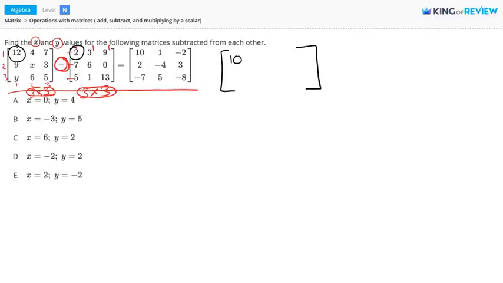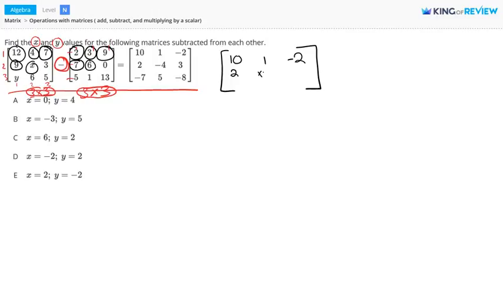Now let's look at the next entry. We have 4 minus 3. 4 minus 3 is 1. 7 minus 9. This is negative 2. 9 minus 7. This is 2. x minus 6.